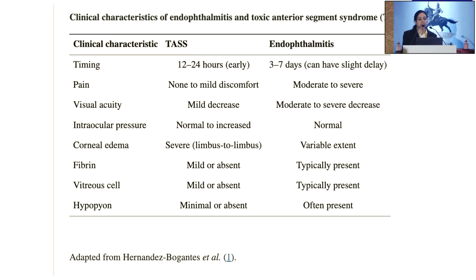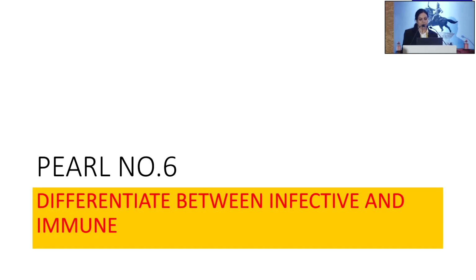Intraocular pressure is normal or may be increased in TASS. Early endophthalmitis may be indicated by an unexpected rise in IOP and unexpected inflammation after cataract surgery. Corneal edema, limbus to limbus, usually indicates TASS. Fibrin and vitreous cells are usually absent in TASS and present in endophthalmitis. Hypopyon, if present in TASS, is minimal or absent, and often present in endophthalmitis.